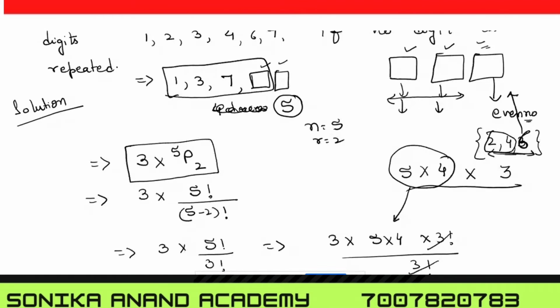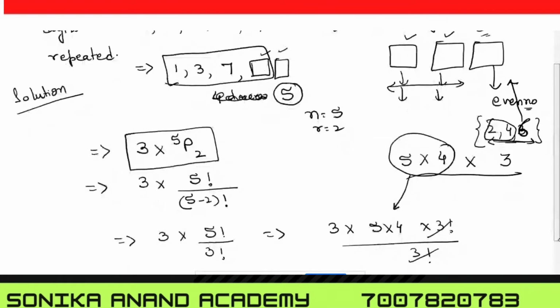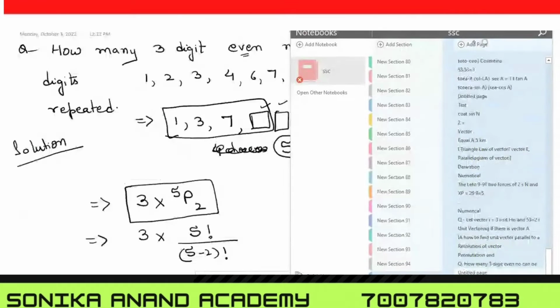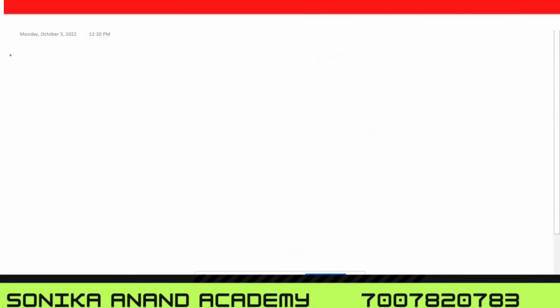Question number 4. Completed, ma'am. Next question. Just read out and think. Find the number of four-digit numbers that can be formed using the digits 1, 2, 3, 4, 5. If no digit is repeated, how many of these will be even?